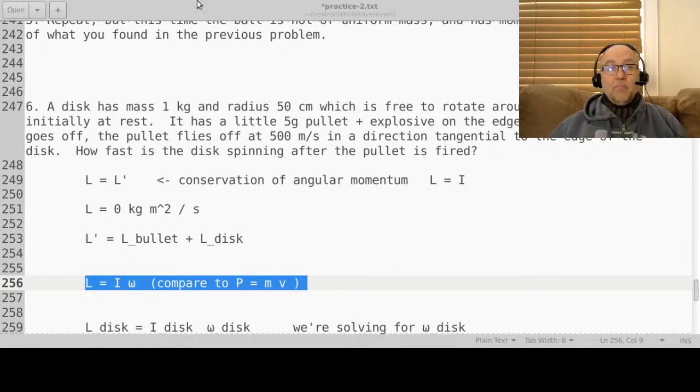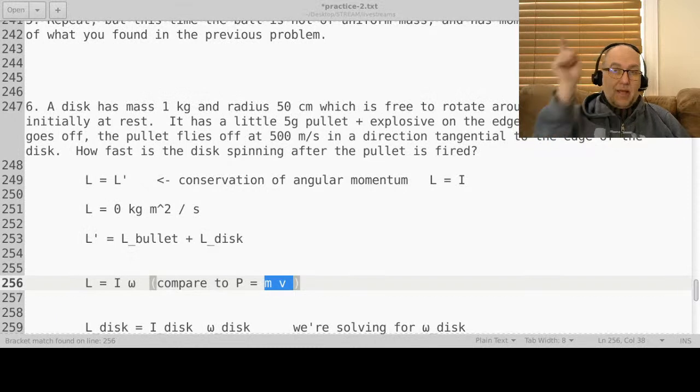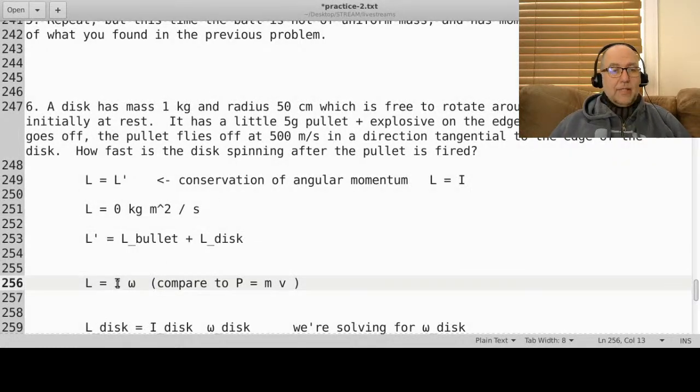Like when you hear linear momentum, you think the momentum is m times v. Now, if you've got more than one thing, it's mv for the first one plus mv for the second one plus mv for the third one. You add up all the mv's. For angular momentum, it's the same thing, but now you add up all the I omegas. I is like m, and omega is like v. So you're adding up all those things.